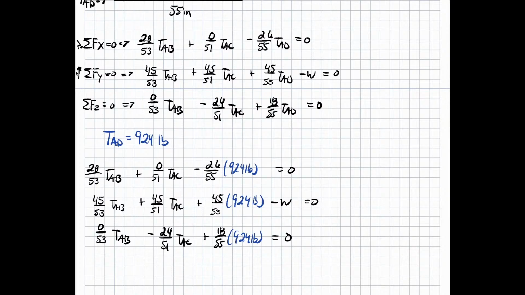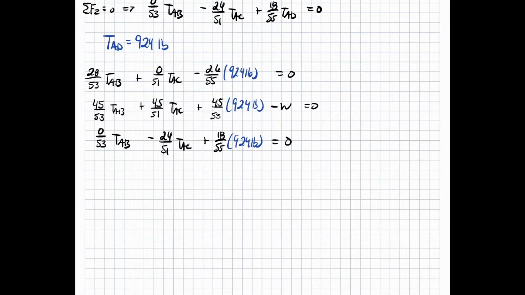Okay. So that is going to be our full equations for the sum of forces in the x, y, and z direction. Now we have three unknowns and 3 equations. So we need a matrix. So this is going to be a 3 by 3 matrix times a 3 by 1 matrix. I'm using the inverse method.